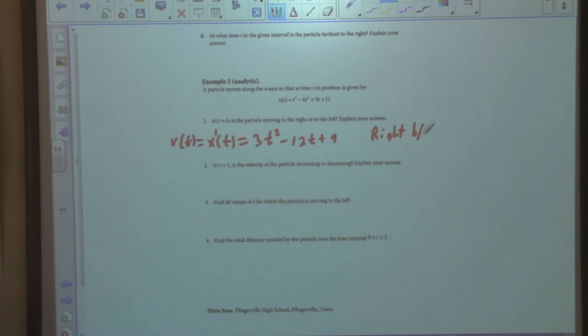How do you justify that? The velocity is positive. So v of 0 equals 9, right? Since v of 0 is greater than 0, moving to the right.